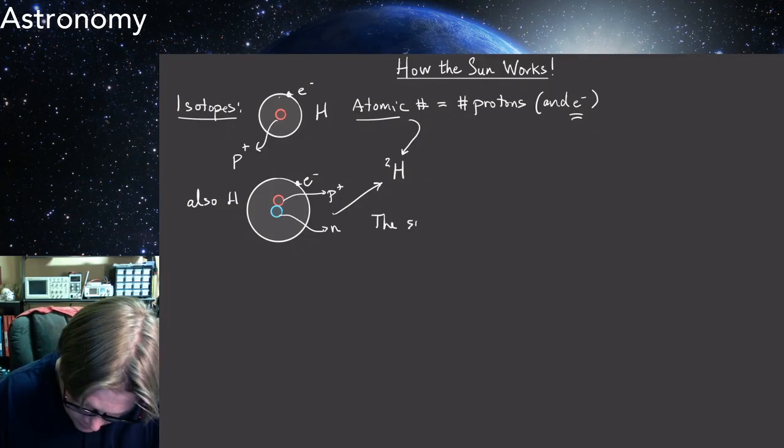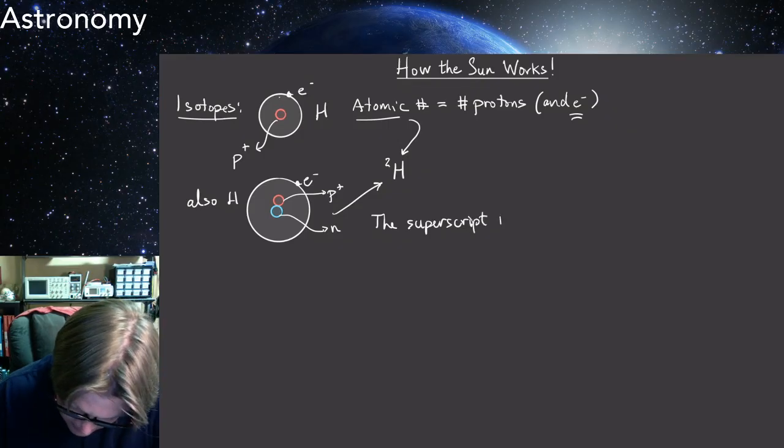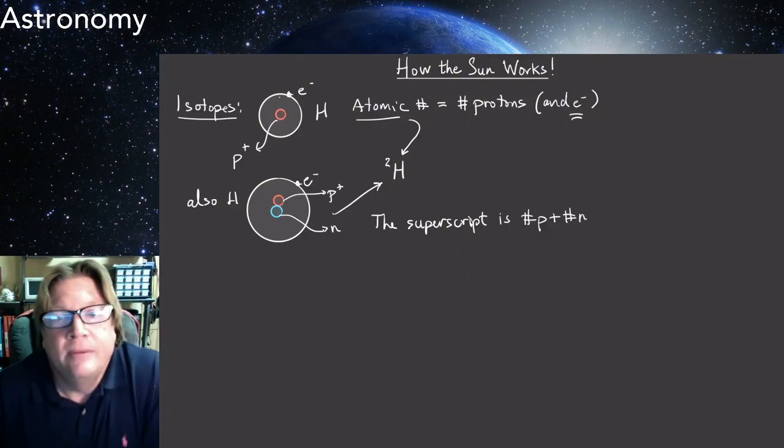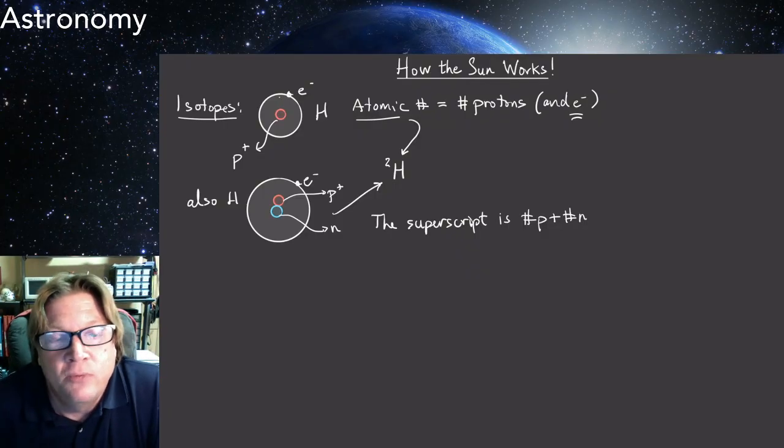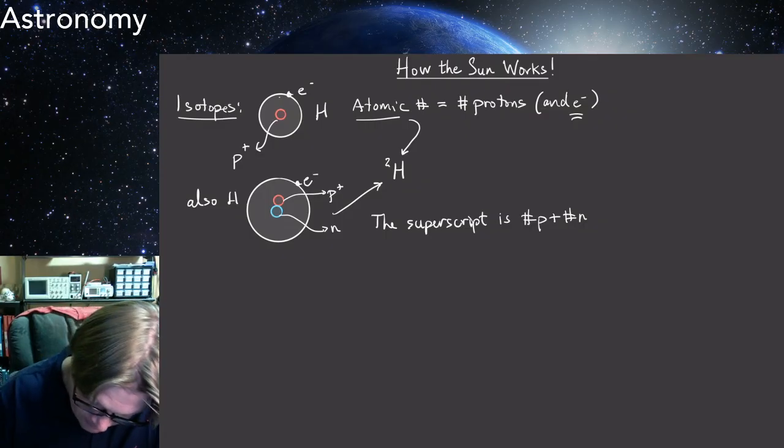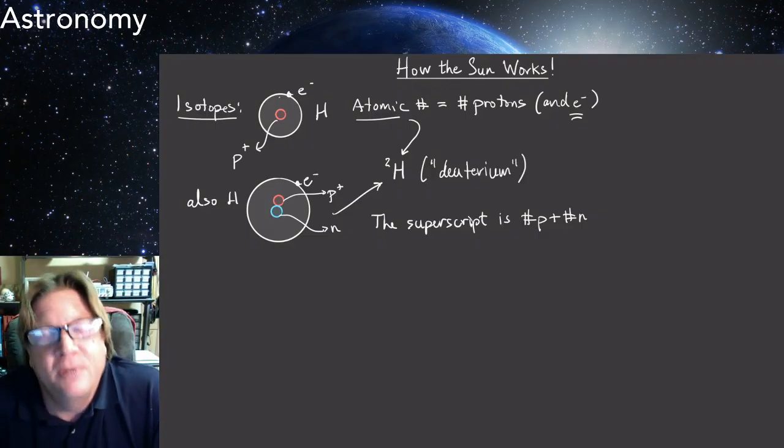The superscript is the number of protons plus the number of neutrons. So for that kind of hydrogen, it's got 2. So we call that hydrogen 2. By the way, this also has a nickname because it turns out it's really important, and this is just called deuterium.